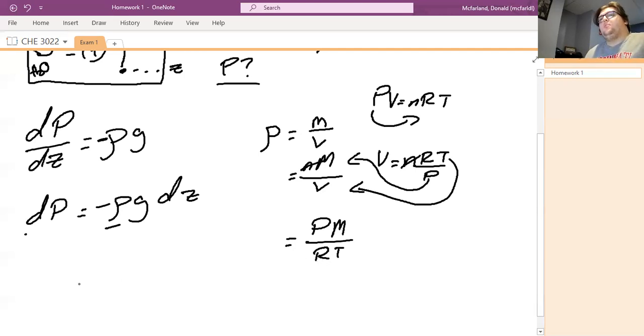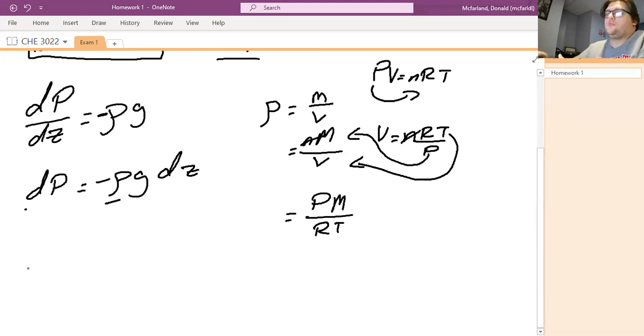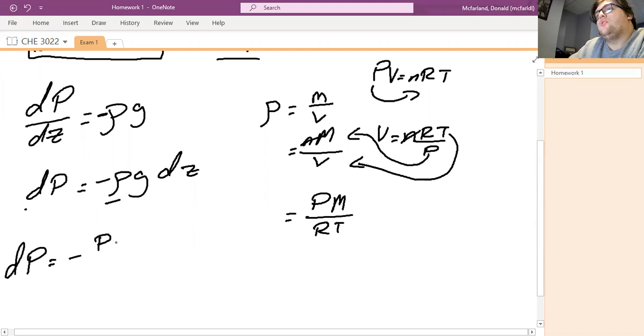So what happens when we plug this in now? We get dP, change in pressure, once again equal to negative pressure times molar mass times acceleration due to gravity over the gas constant times the temperature of the liquid, multiplied by the change in depth.